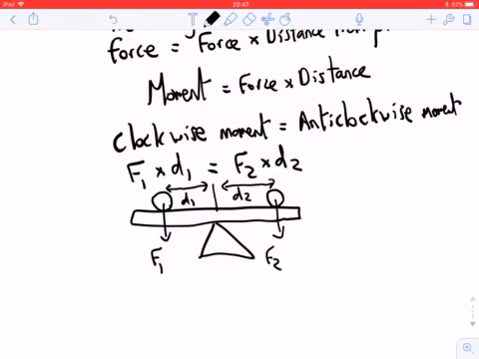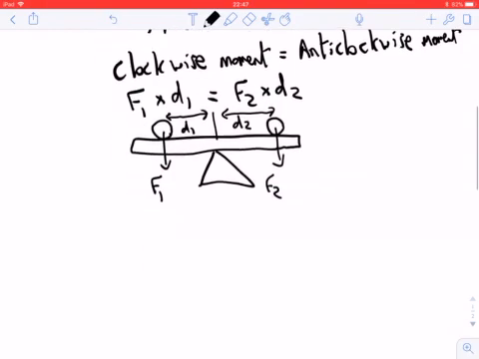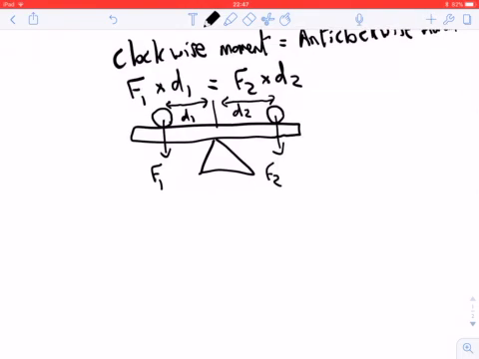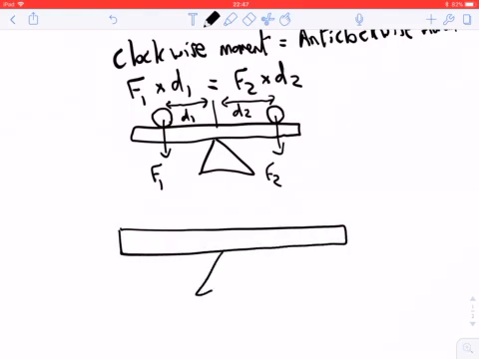Okay, so we can use that principle to solve problems. So let's take a case where we've got unequal masses on a seesaw, and we're trying to work out where we need to sit somebody in order to get the seesaw to balance.